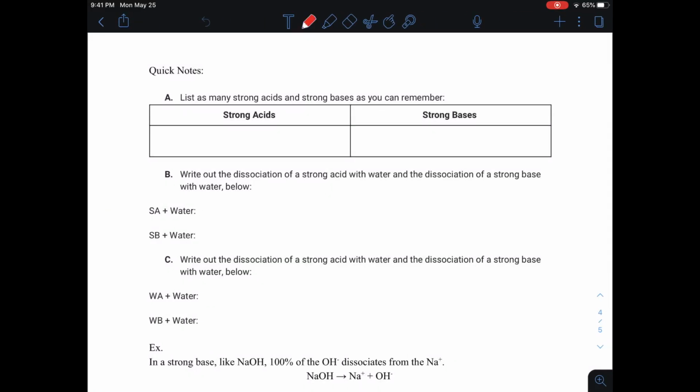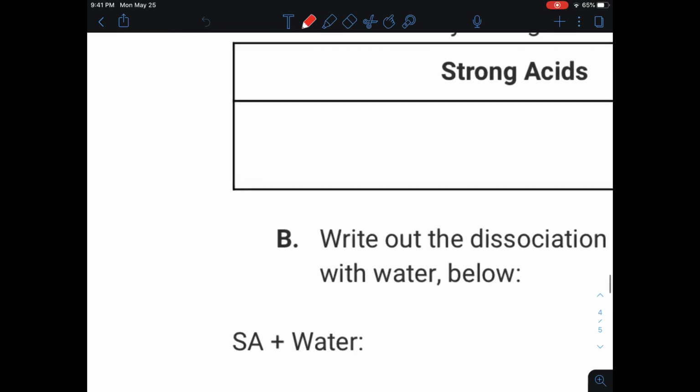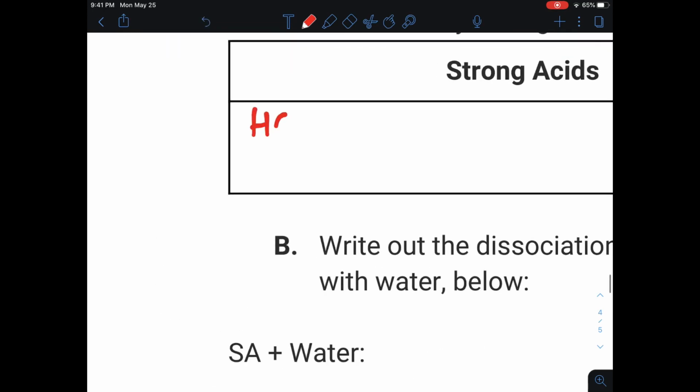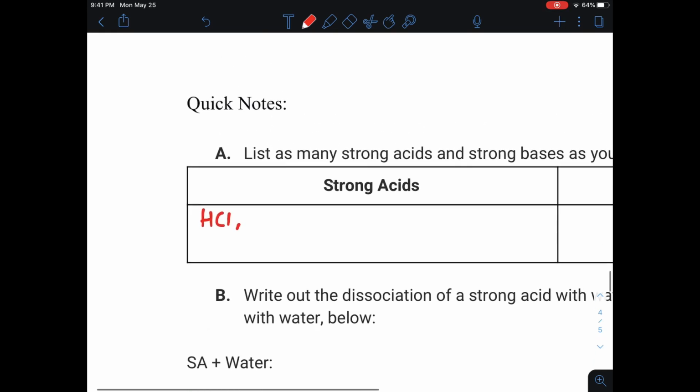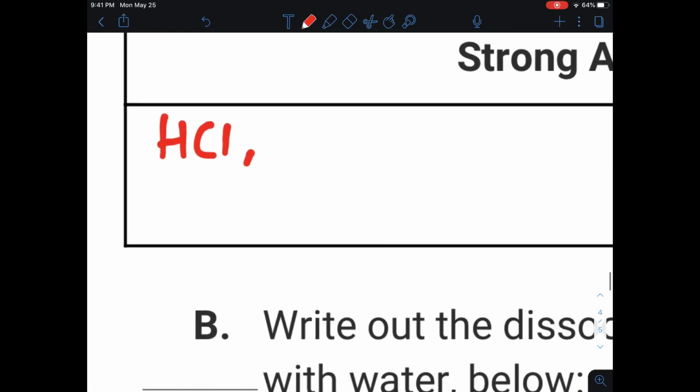One strong acid that you might recognize is hydrochloric acid. It's a pretty common strong acid that we use in the chemistry lab. You've done labs with hydrochloric acid before, and I've warned you that they are corrosive. There's also a couple other strong acids that are just hydrogen with another element: hydrobromic acid and hydroiodic acid.